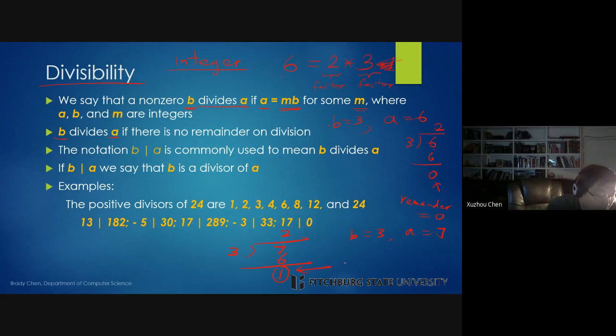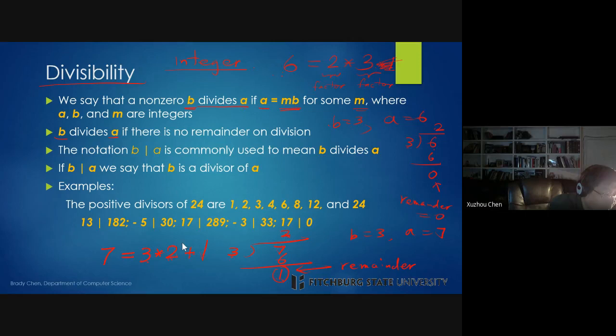This is called the remainder. So the remainder is 1. 7 divided by 3 gives a quotient of 2 and remainder 1. In other words, we can write 7 as 3 times the quotient plus the remainder.